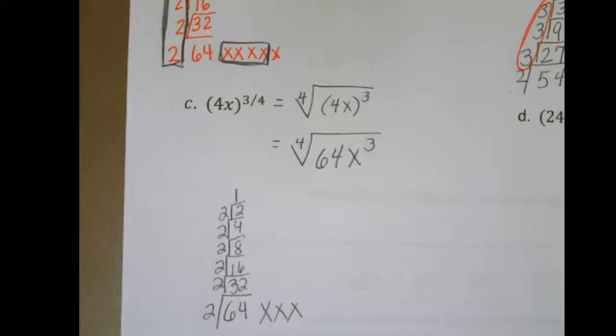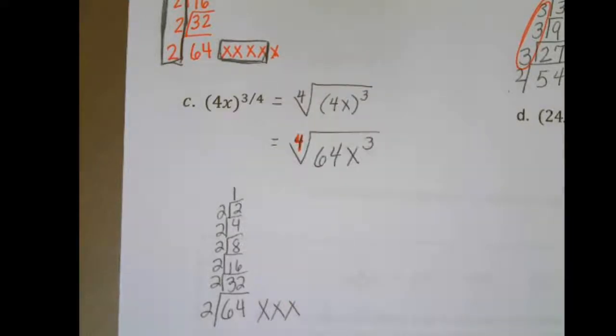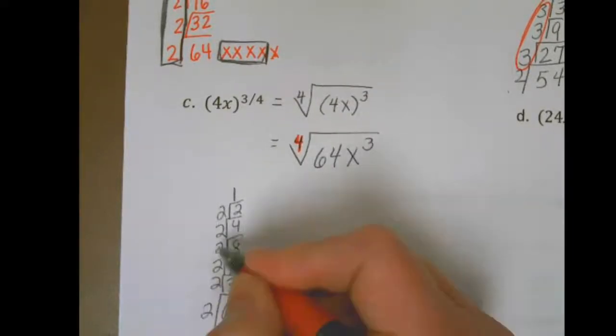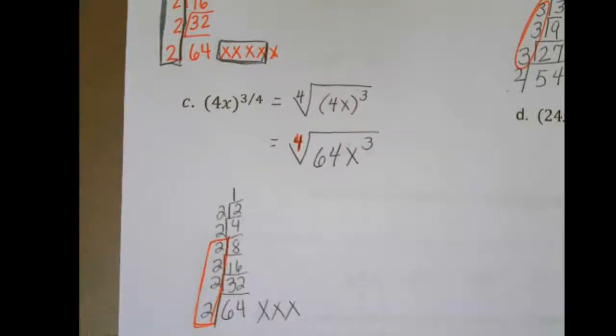What's the index? Do we know that word? This number right here is the index. So I'm going to make groups of 1, 2, 3, 4. Do I have enough x's to make a group of 4 x's?